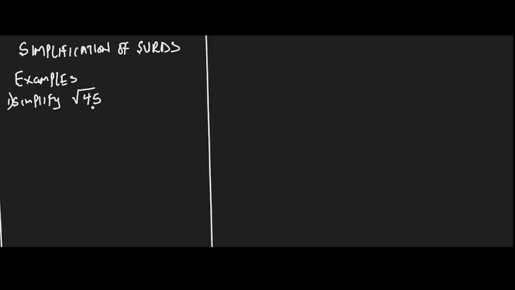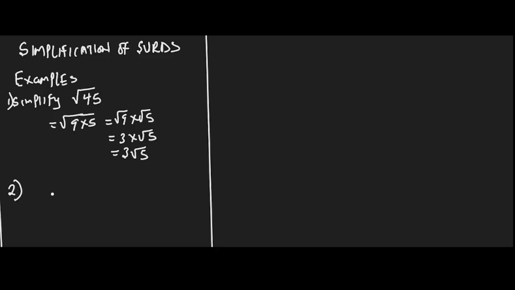To simplify root 45, what we want to do here is express this surd in its simplest form, because root 45 is the same thing as root 9 times 5. And this is the same thing as root 9 times root 5. From the first rule of indices, root 9 times root 5 is 3 times root 5. And that will give us 3 root 5.